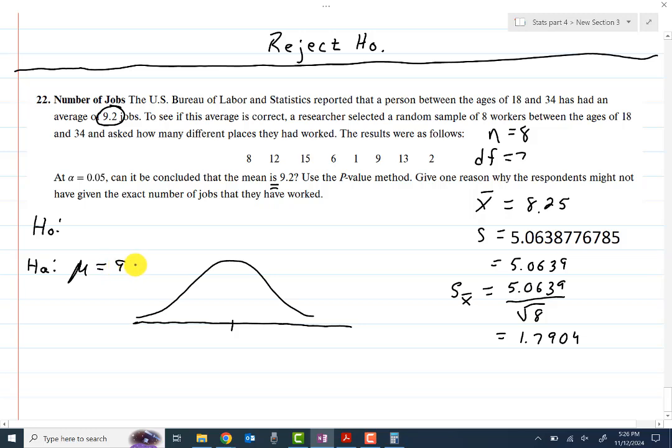Mu equals 9.2. And so the equals goes in the first row. That is the claim right there. And we have a two-tailed test. Okay, so the 9.2 is here. 8.25 is to the left.